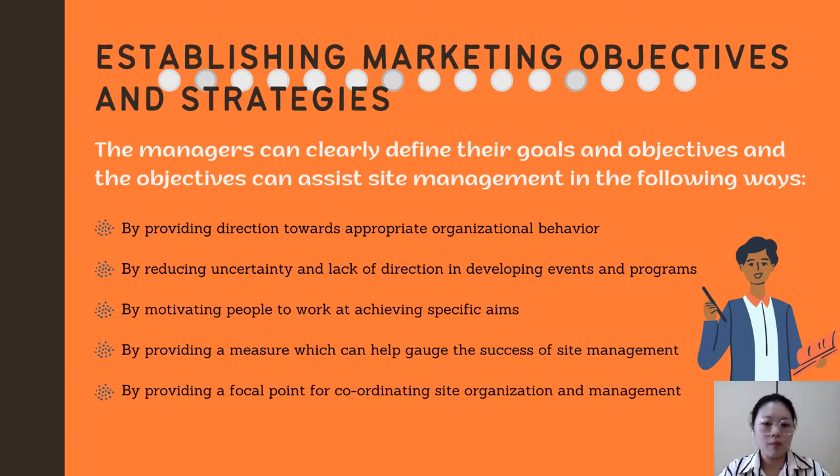For example, by providing direction towards appropriate organizational behavior, by reducing uncertainty and lack of direction in developing events and programs, by motivating people to work and achieve specific aims, and by providing a measure which can help gauge the success of the site management. And the last is by providing a focal point for coordinating site organization and management.